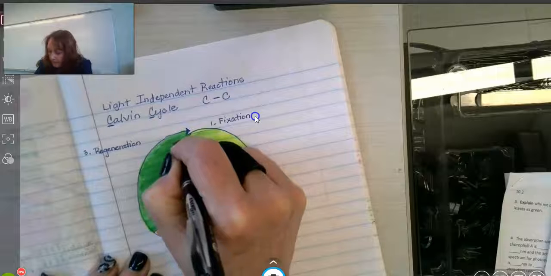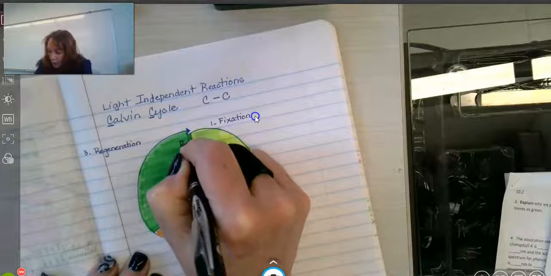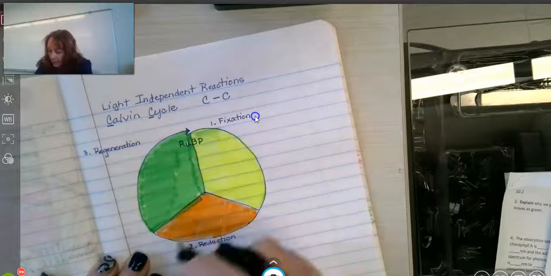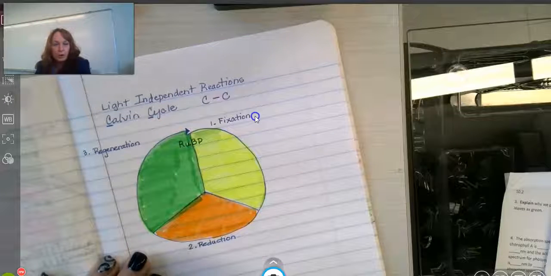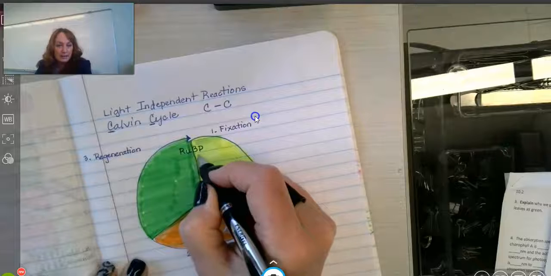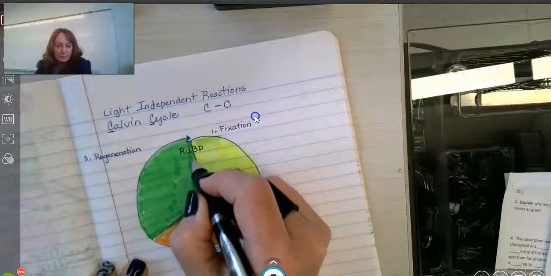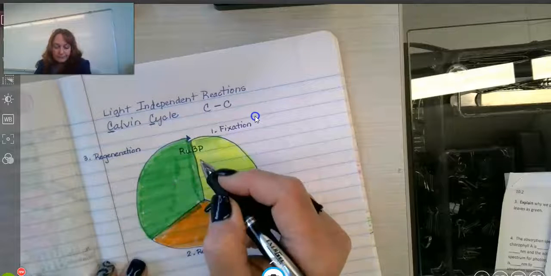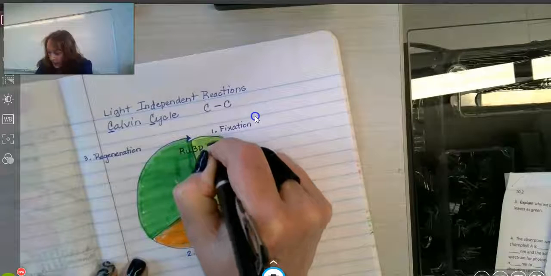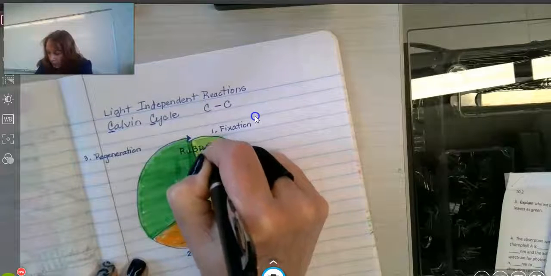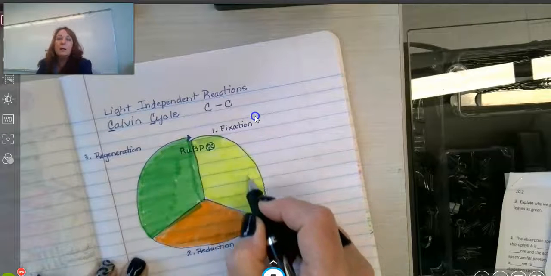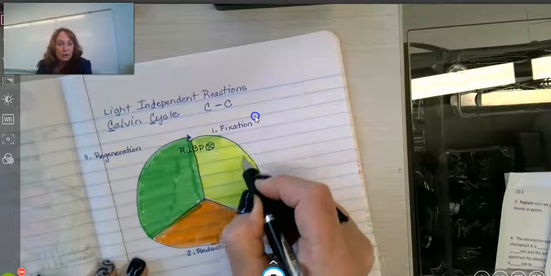So it's R little u big B big P, RuBP. It is the beginning and the end of the Calvin cycle. It's a 5-carbon molecule, and it's what we start with, what we fix, attach something to.